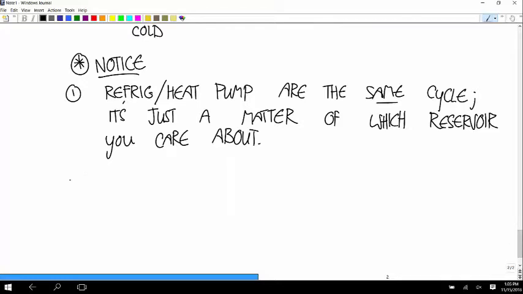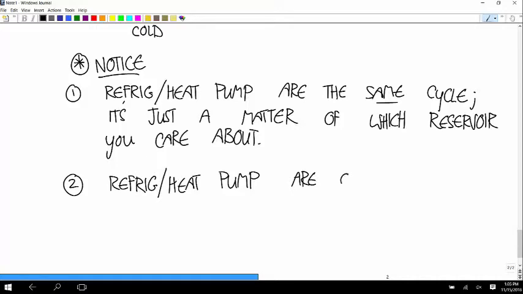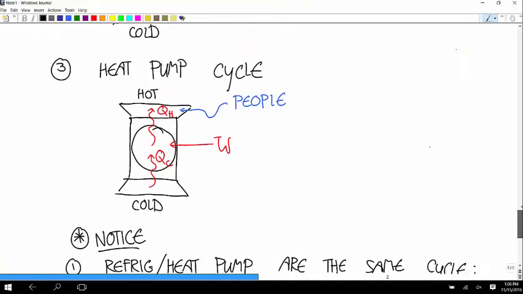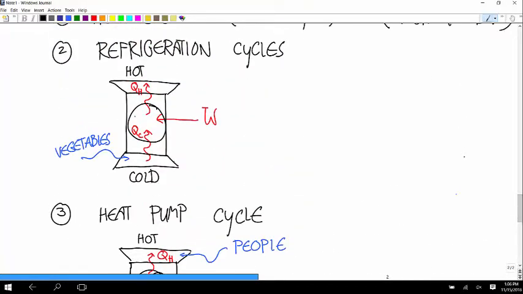And then the second thing to notice is that the refrigeration and heat pump cycles are exactly the reverse of the power cycle. So look at this refrigeration cycle.